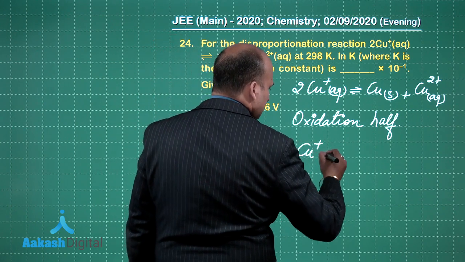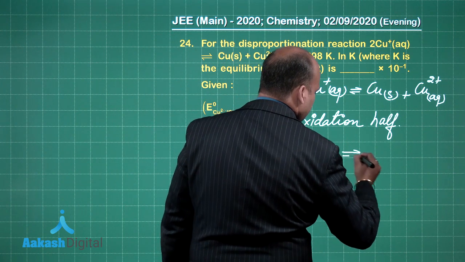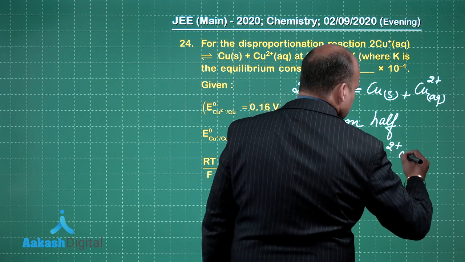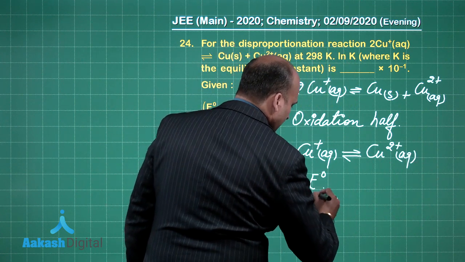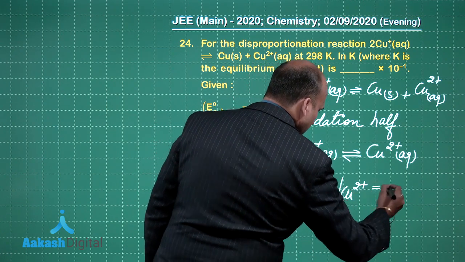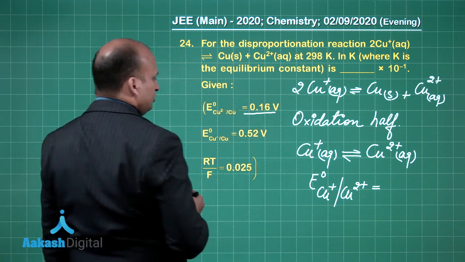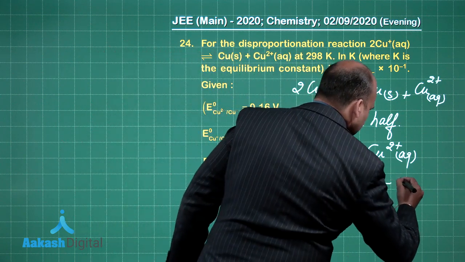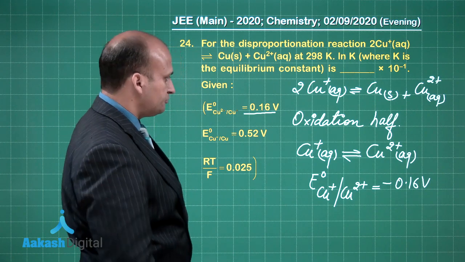This Cu+ aqueous is going to get converted into Cu2+ aqueous. The E naught over here for Cu+ to Cu2+, see, dear friends, over here the value is given to be 0.16, but since I am reversing, the value will be minus 0.16 volt.